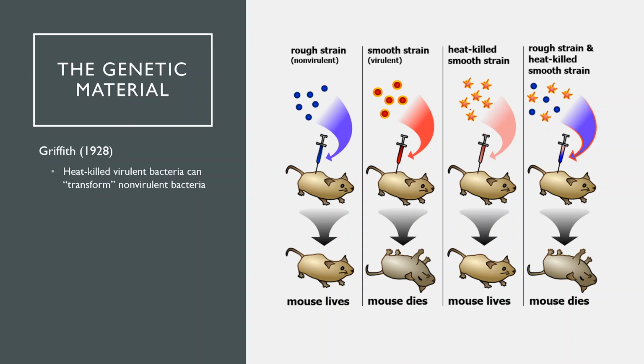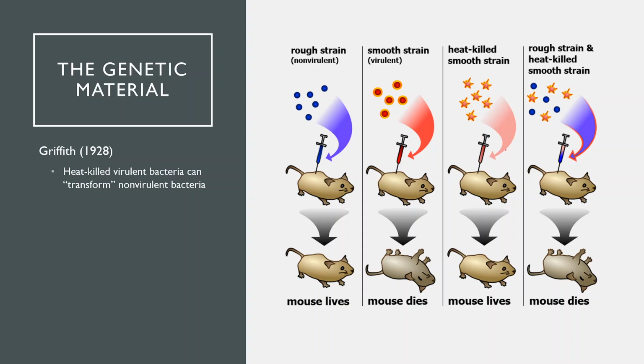But then what Griffith showed is that if you mix together the heat-killed smooth strain cells, so just the components from those cells after they were killed, and then some rough strain cells, inject that into a mouse, the mouse dies.